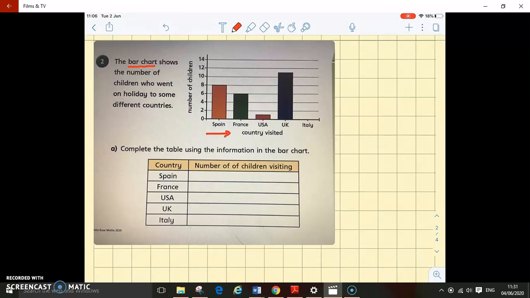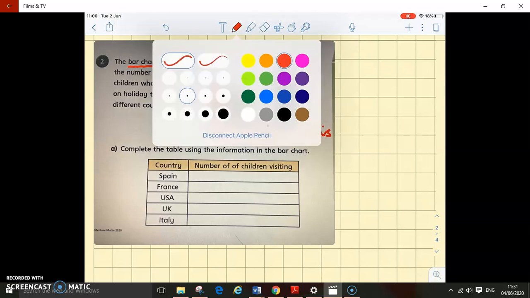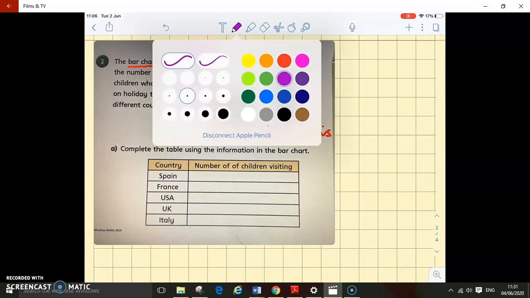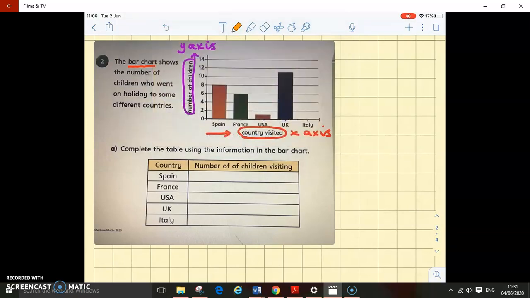You can see here along the horizontal axis, the x-axis, that this tells us the countries that the children have visited. And we've got Spain, France, USA, UK and Italy. Whereas the y-axis, the vertical axis, the one that goes up and down, tells us the number of children.